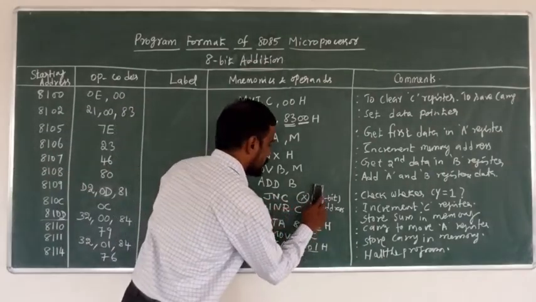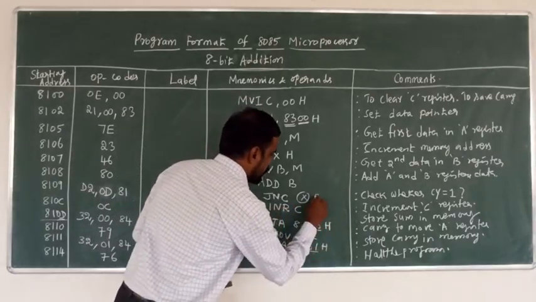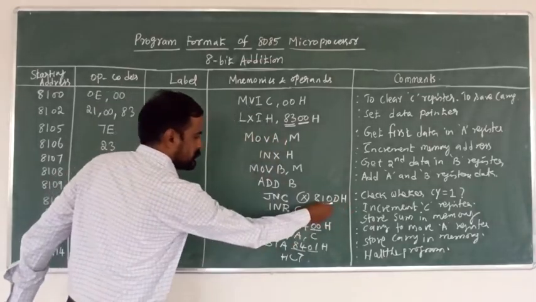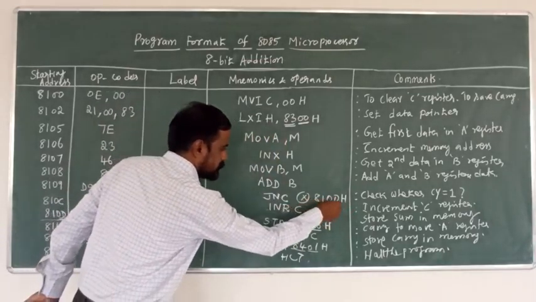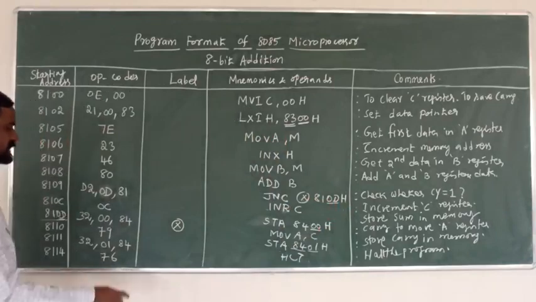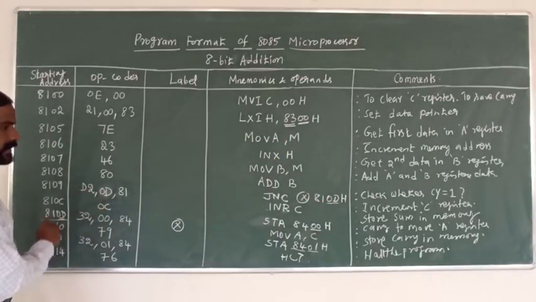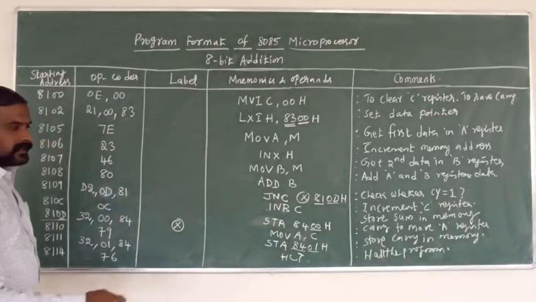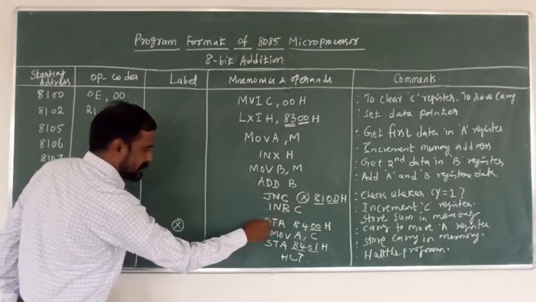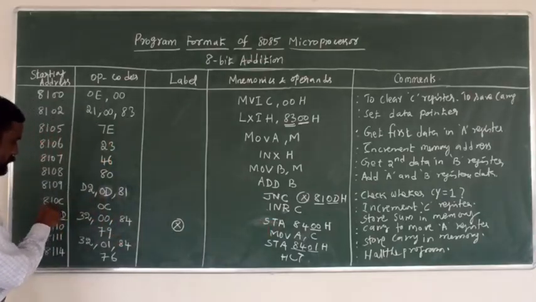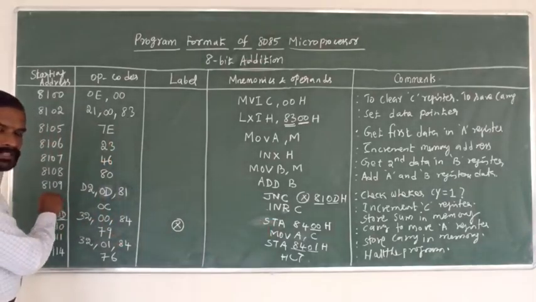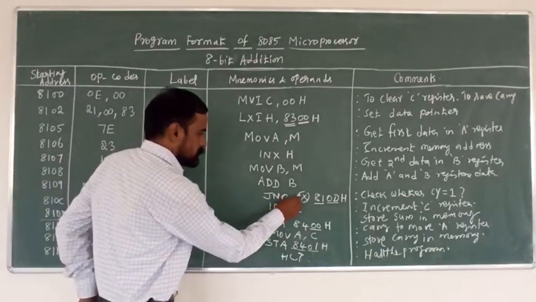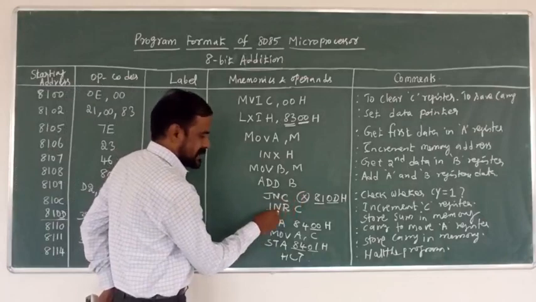Here we represent the 810D address: first the least significant byte 0D, and then the most significant byte 81. If this condition is satisfied, it directly jumps to this address instead of going to the next instruction. And suppose this condition is unsatisfied.